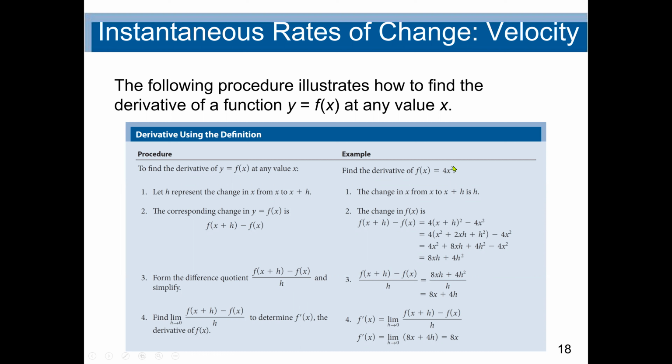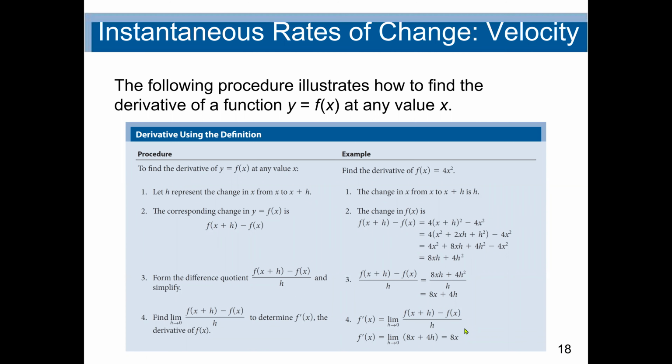The power rule says you multiply the power by the coefficient, then you subtract 1 from the power. So the derivative of 4x squared will be 8x if you are using the formula, which hopefully we will start on Thursday.